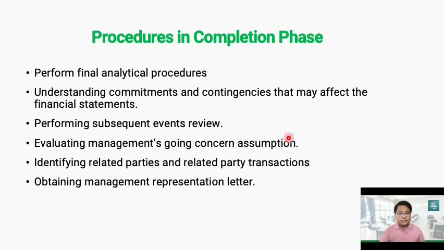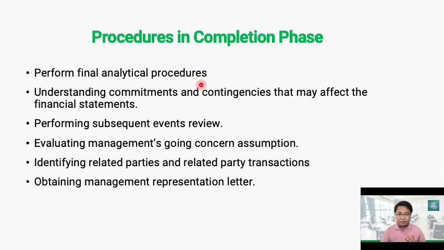Here are the procedures that we perform during the completion phase of the audit. So we perform final analytical review. Remember, final analytical review is required under our standard to be performed during this part of the audit. When we perform final analytical review, we determine whether our conclusions reached are aligned with the audit evidence that we have obtained.